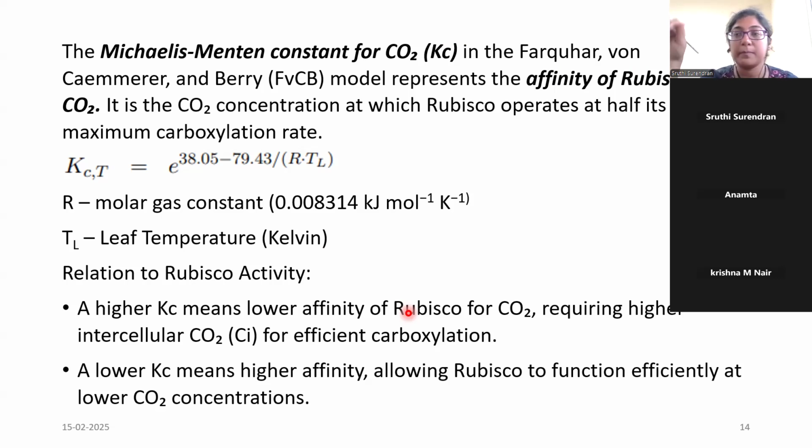So there is no problem for Rubisco to conduct the carboxylation rate. So again, this is a factor that is very important in the Rubisco limiting phase. From the values of Kc and K0, we can understand whether Rubisco can conduct the carboxylation rate efficiently or whether it is the oxygenation that is happening, from the values of the Michaelis-Menten constant.